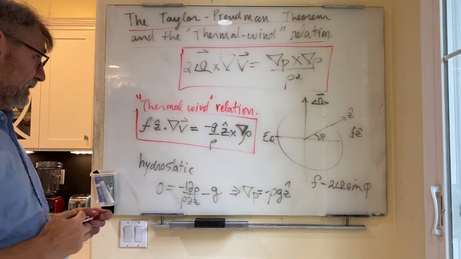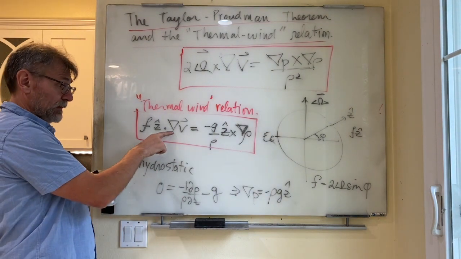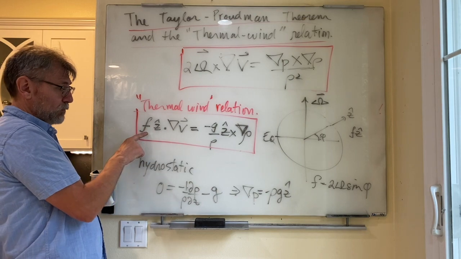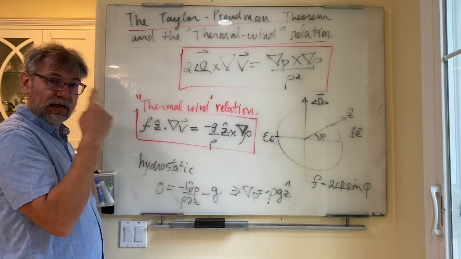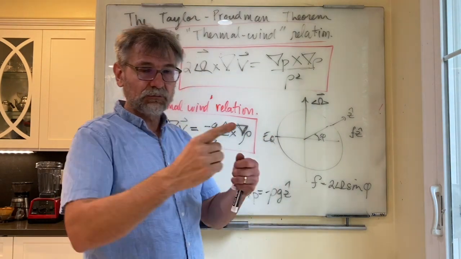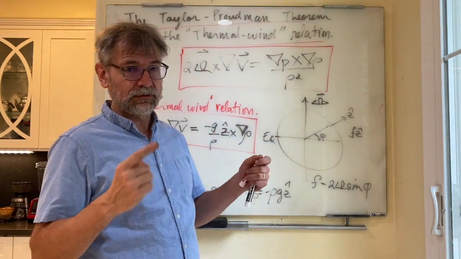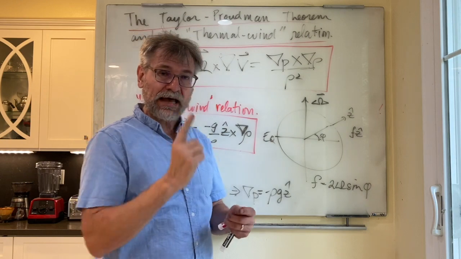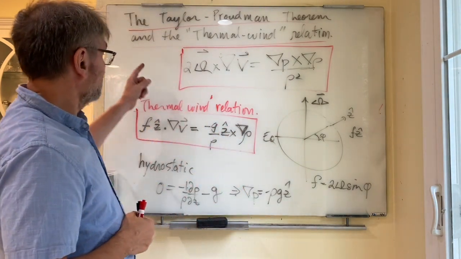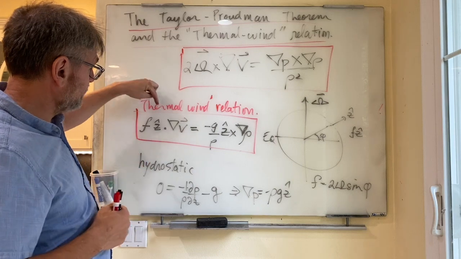And what it says is that the shear in the vertical will tend to tip the spin of the Earth. The spinning of the Earth gives it a vorticity, which we call the planetary vorticity. If you put a little paddle, the paddle would tend to spin, from an inertial point of view, because of the spin of the Earth.